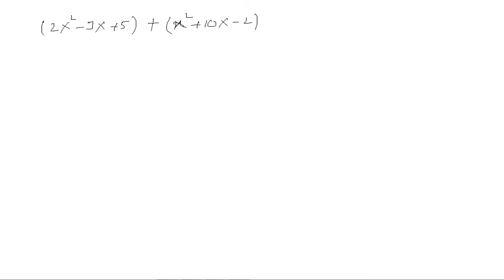Okay, here you can see that the parentheses are actually redundant because you're adding up these terms and it doesn't matter. So I can remove them. For example, I can say this equals 2x squared minus 3x plus 5 plus x squared plus 10x minus 2.